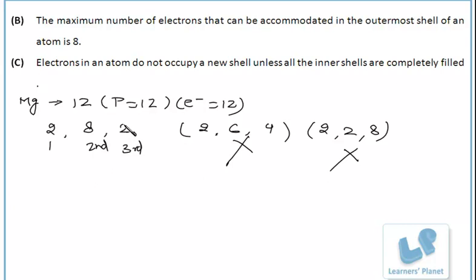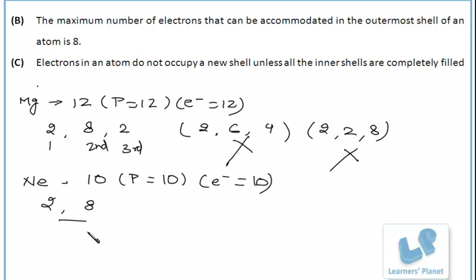Then there is another clause that the outermost shell can accommodate 8 electrons. Say, for example, the atom of neon. Neon's atomic number is 10. So the number of protons in neon will be 10 and the number of electrons will also be 10. So the configuration will be 2 and 8.